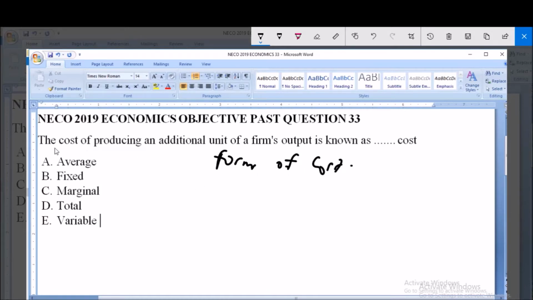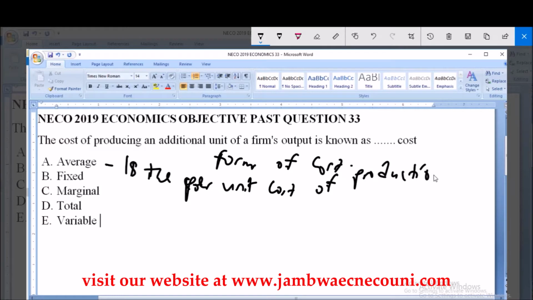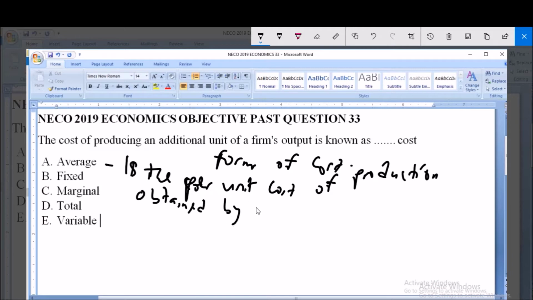And in order for us to know which one suits this description given in the question, let's look at what each of the options mean. So average cost is the per unit cost of production, obtained by dividing total cost by total output.